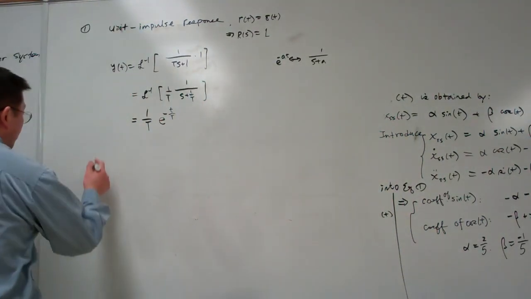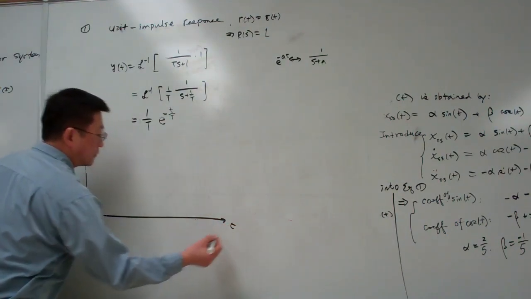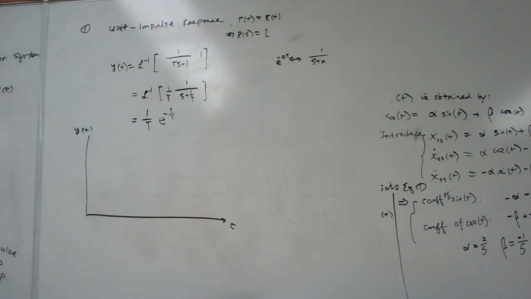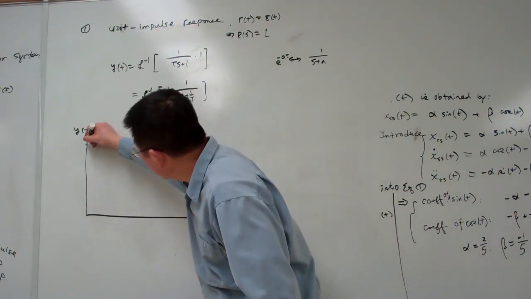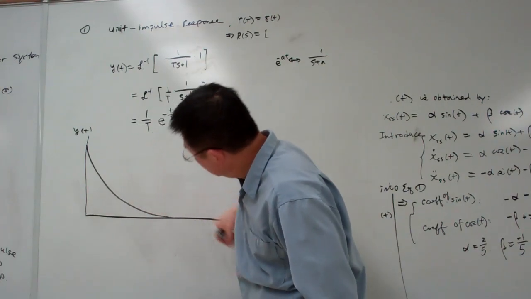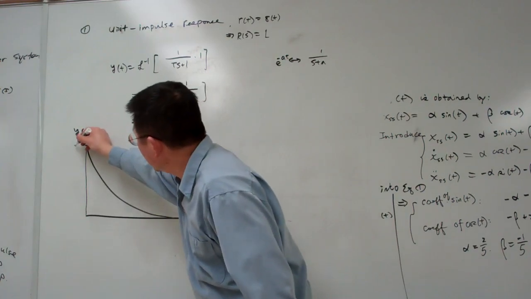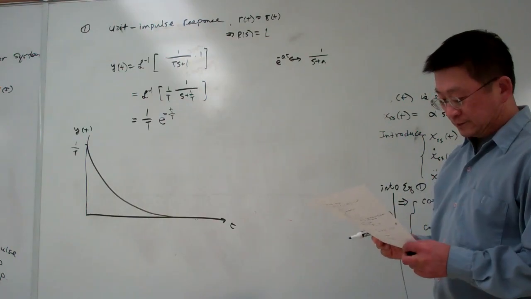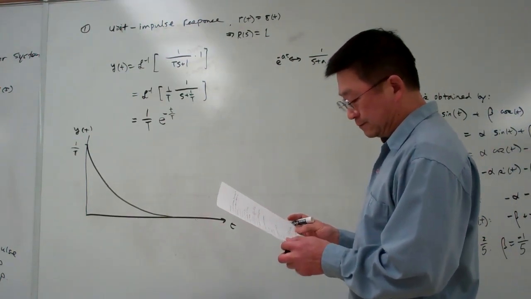This system is basically an exponential decay, so very straightforward. The starting value is 1 over T here.